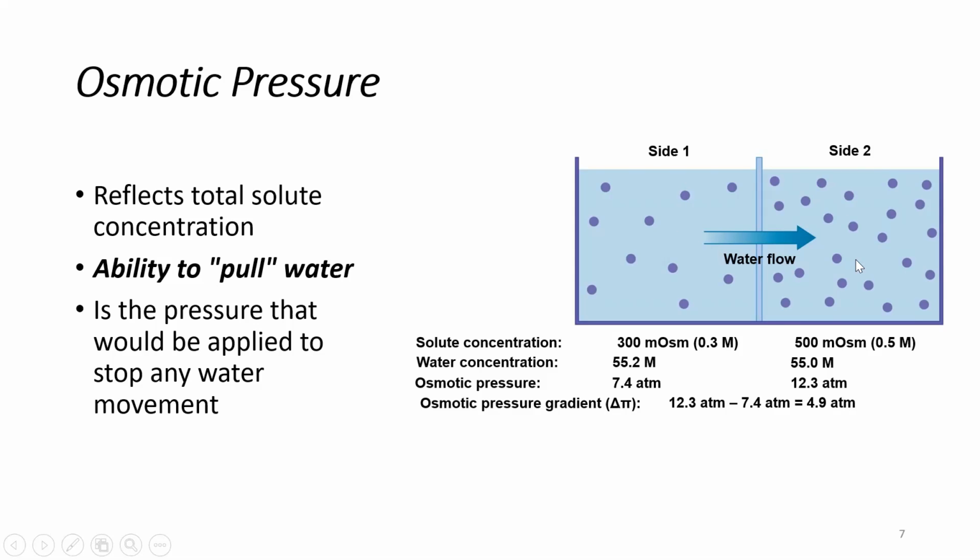So water would move from the side of low osmotic pressure to the side of higher osmotic pressure. In other words, the water moves according to the water gradient, but it's actually moving against the osmotic pressure gradient. All right, I hope that made sense. These are different ways to express this idea of osmotic pressure.